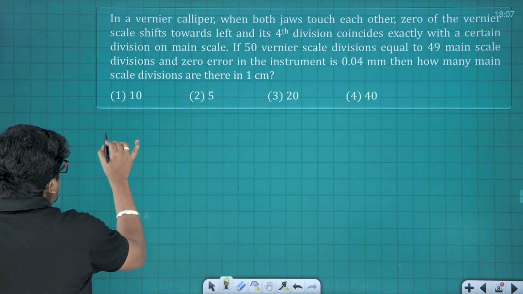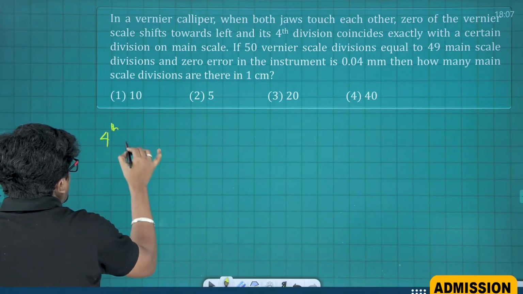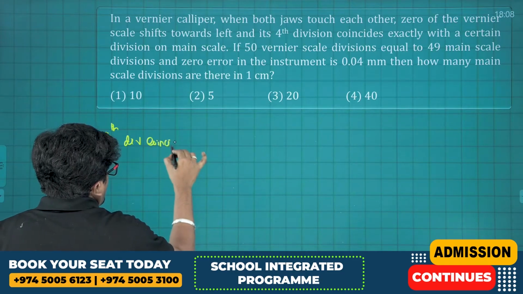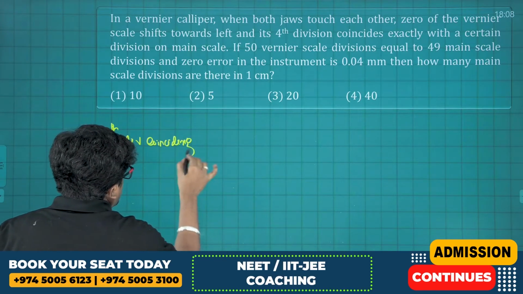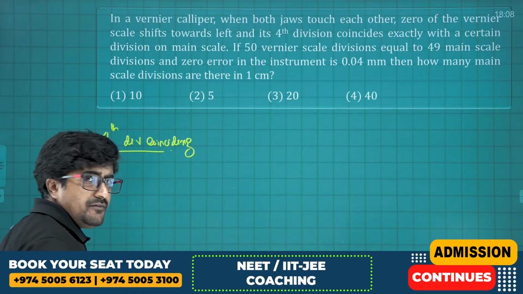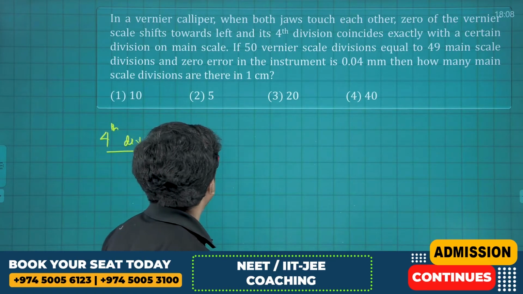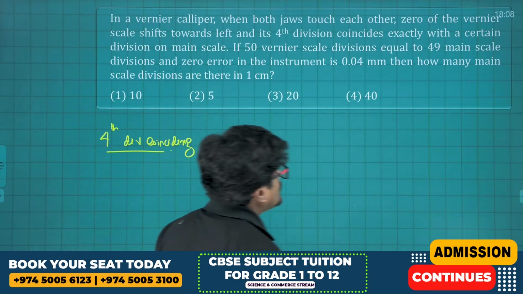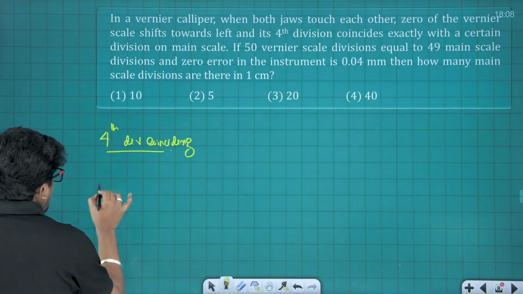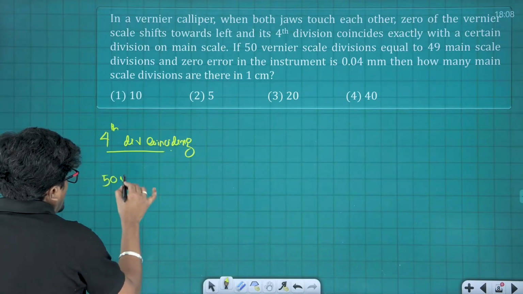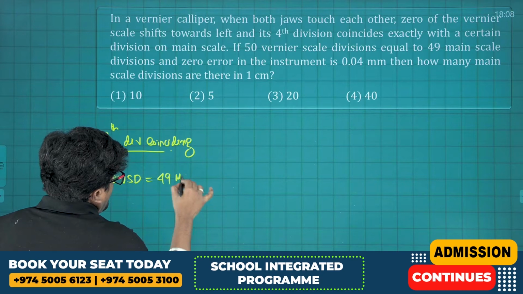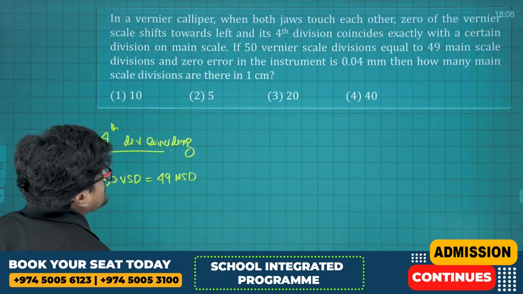So it is the fourth division coinciding with a reading on the main scale. Now, 50 vernier scale divisions is equal to 49 main scale divisions.